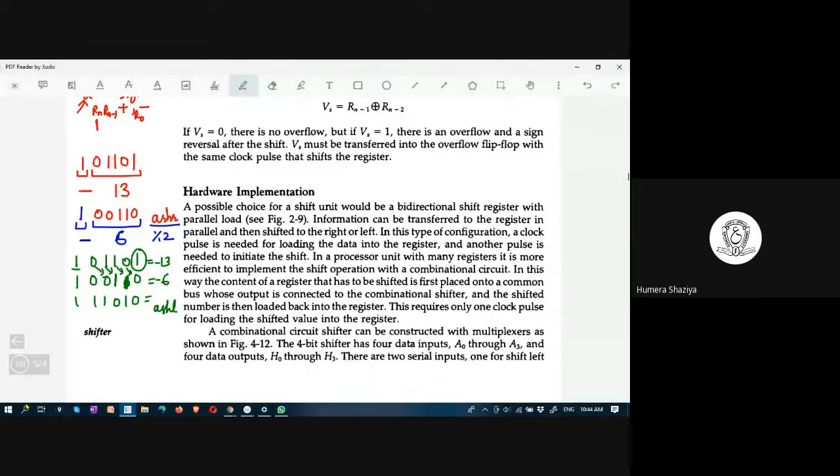So what is this in decimal? 26. Okay. So 13 into 2 is 26.